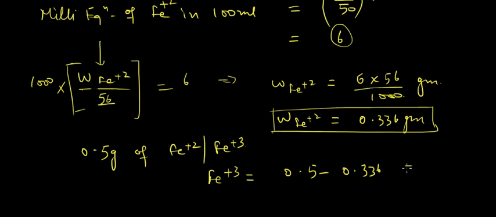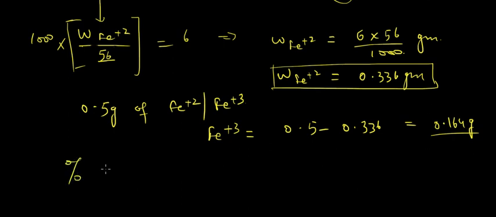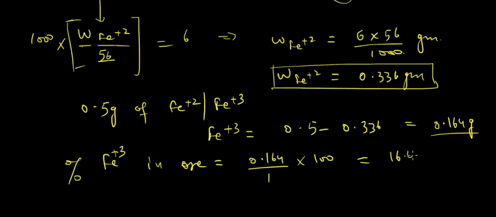This gives us ferric ion as 0.164 grams. So the percentage of Fe3+, or ferric ion, in the original ore would be 0.164 divided by weight of the ore, which is 1 gram, multiplied by 100. So this is 16.4%.